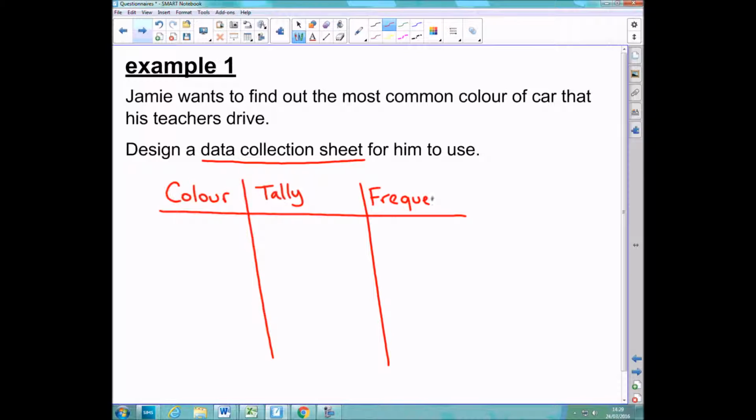Now, you can put total as well, that is fine, but to be more accurate, we would use frequency for this. Now, you could put down a couple of colours, but the marks are actually given for, firstly, this first column, tally for the second column, and then frequency for the last column. So 3 marks for each of those.